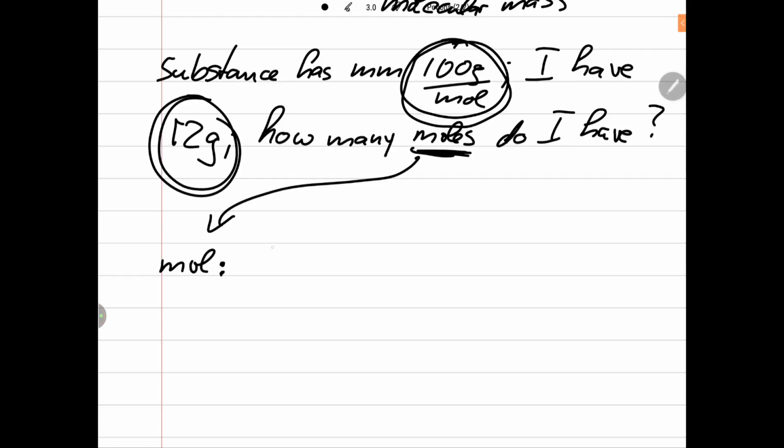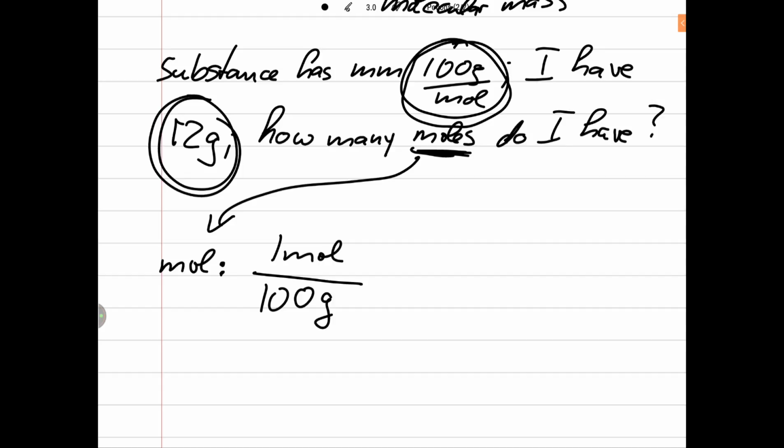So this means I can write it as 1 mole per 100 grams. And we said 100 gram per mole is exactly the same as 1 mole per 100 grams, isn't it? It means exactly the same thing. Yeah? So I write it in that way. 1 mole per 100 grams. Okay, got that so far?